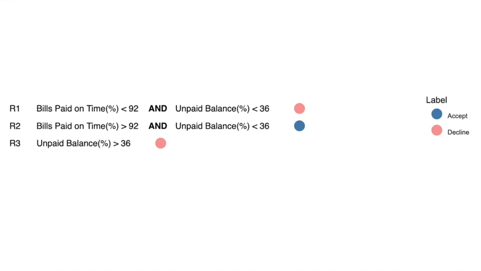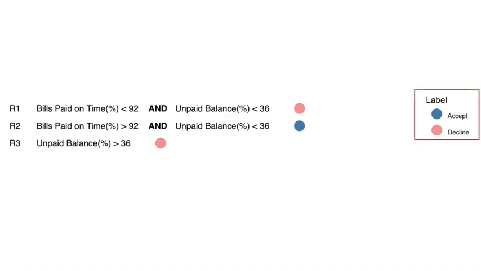We have three rules, R1, R2, and R3, in this diagram. When an application comes, if it has unpaid balance value larger than 36, then it matches rule R3, which suggests decline. And if an application has a value of bills paid on time larger than 92, and an unpaid balance value lower than 36, then it matches rule R2, which suggests accept.